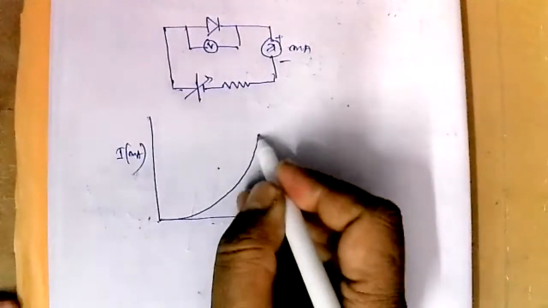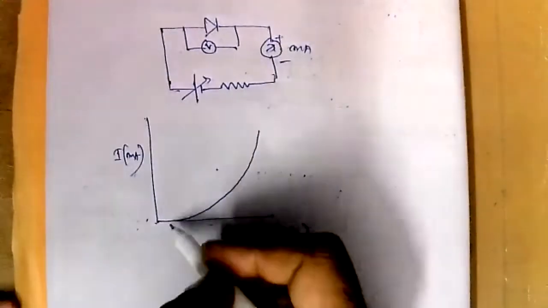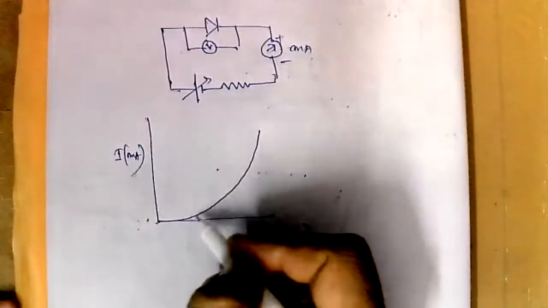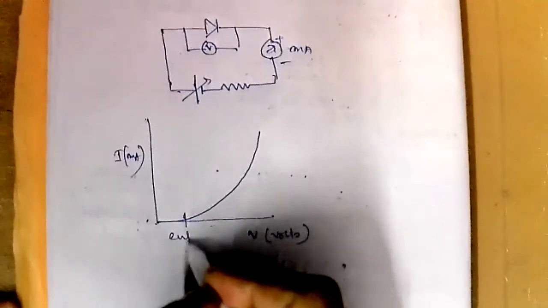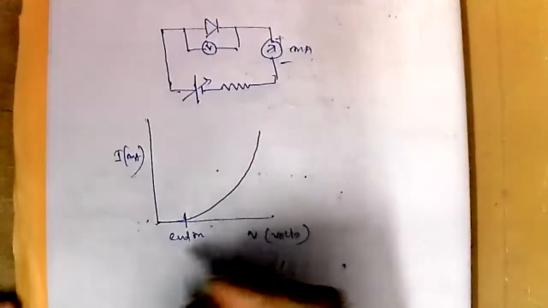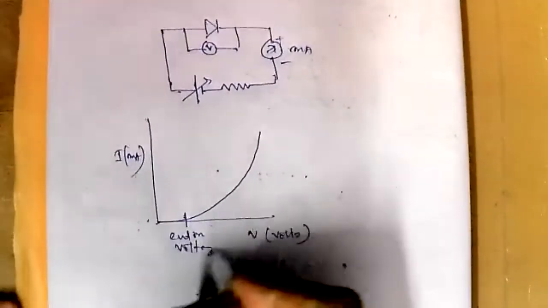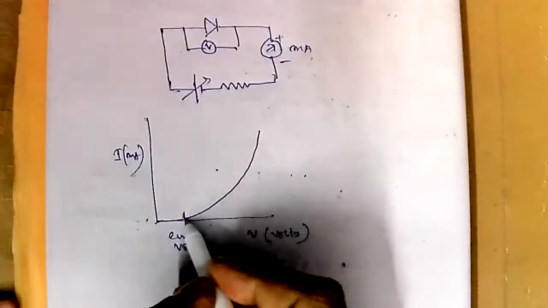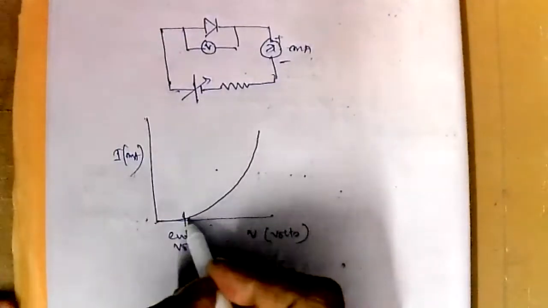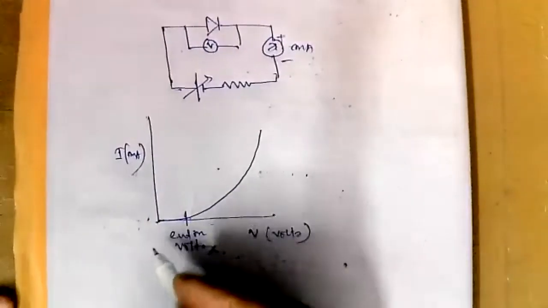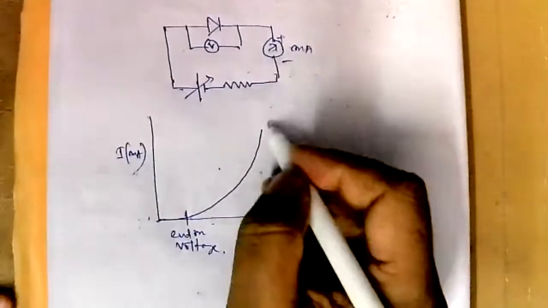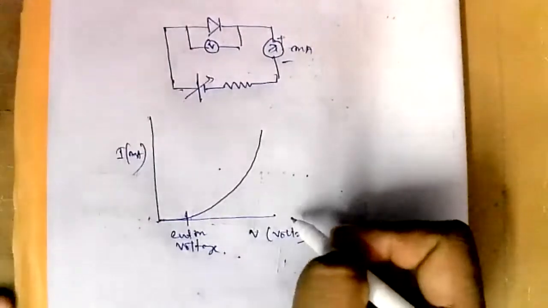And as it crosses the cut-in region, this is called cut-in voltage. So when this V is equal to VB, up to that, you will get no current. But after that, the current will increase sharply with very little increase in the voltage.